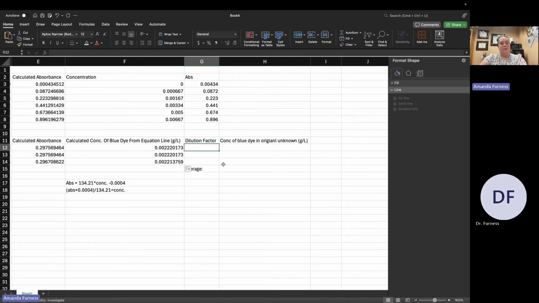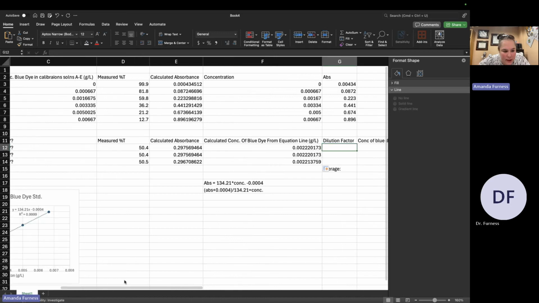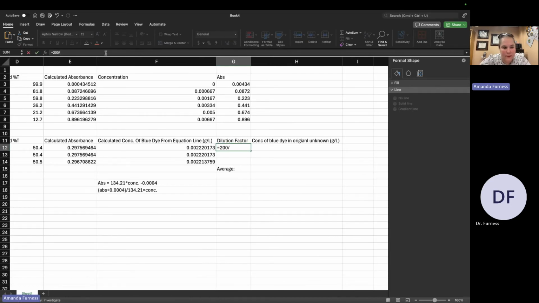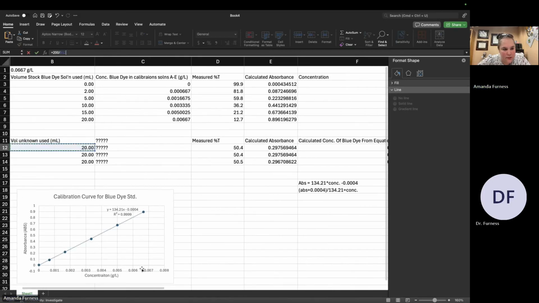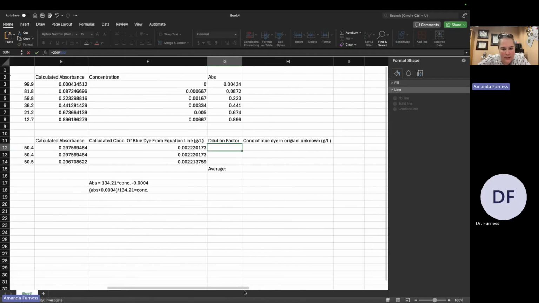So to, again, use the Excel spreadsheet to do the math for us, the dilution factor is essentially however much we diluted it by, the 200 divided by the amount that we added. So divided by the 20, which ends up being 10.